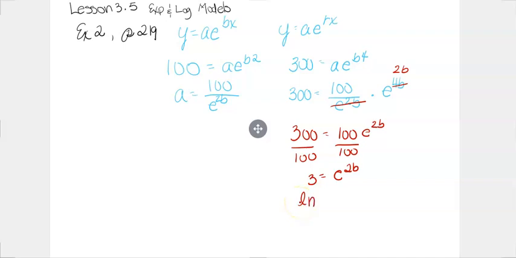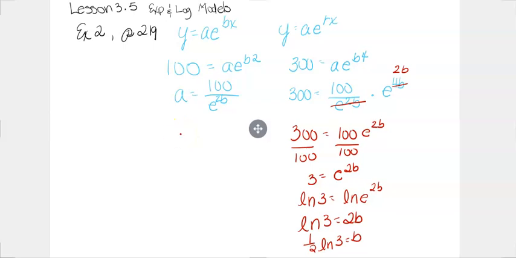So I'll take the natural log of 3 equals the natural log of e to the 2b, which is the same thing as saying the natural log of 3 equals 2b. Now I want to divide both sides by 2, and I get half natural log of 3 is equal to b.